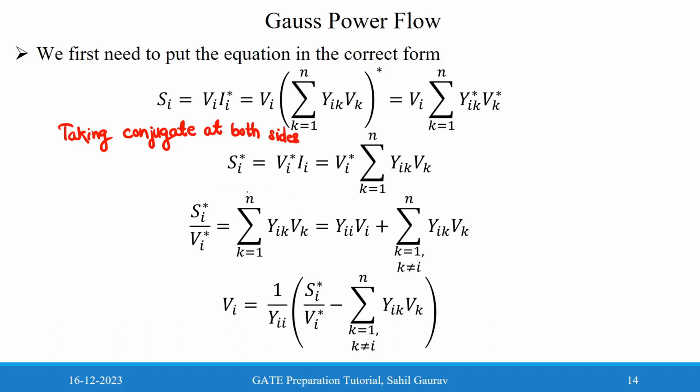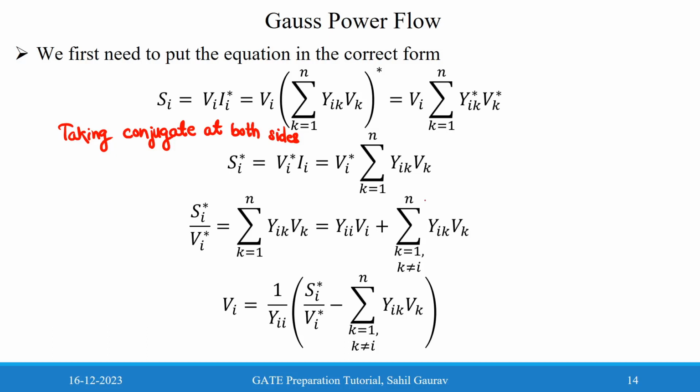So taking the conjugate on both sides, we will get Si conjugate equals Vi conjugate times Ii. So we get this expression, and we take it as Vi on the left-hand side. Now we will separate out the bus at which we are finding the voltage.